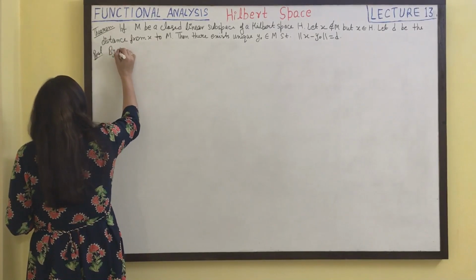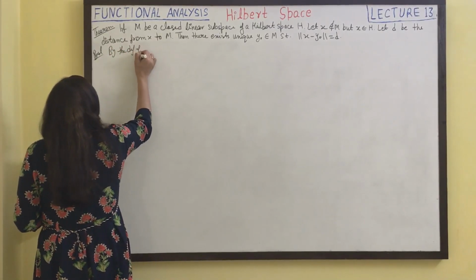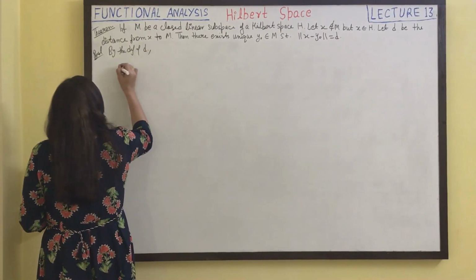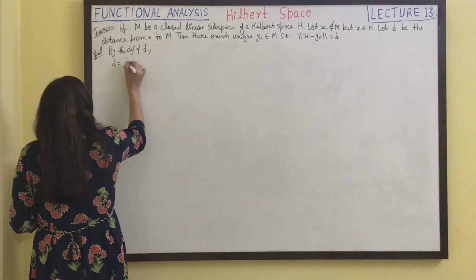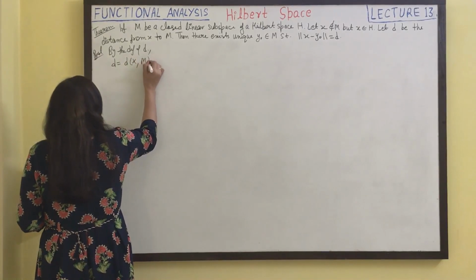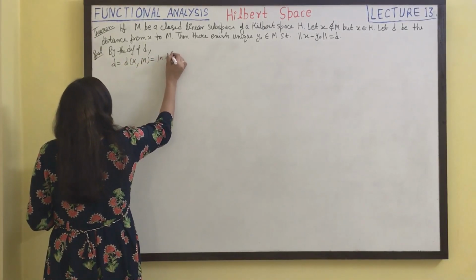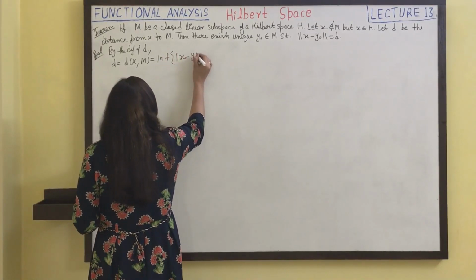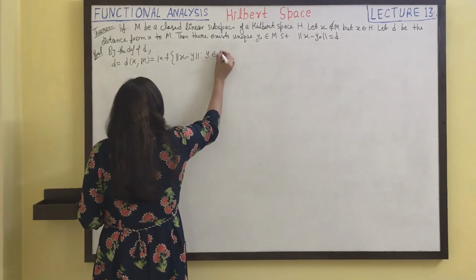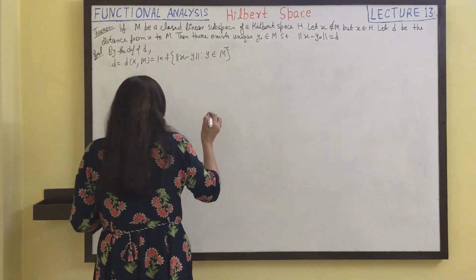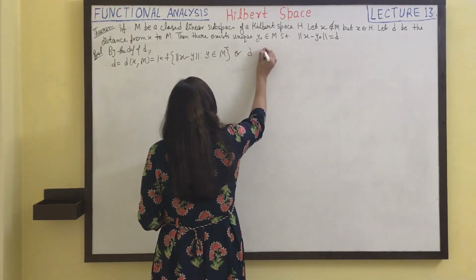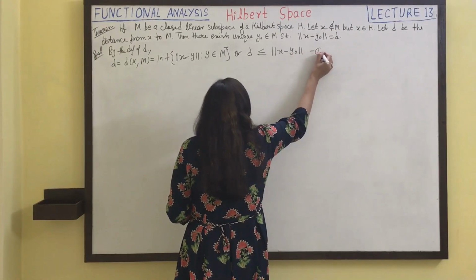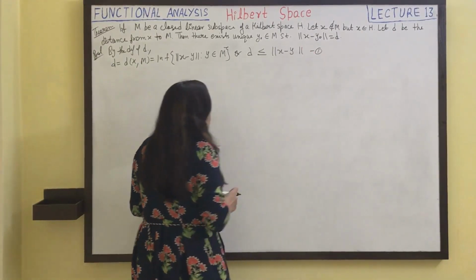By the definition of d, d is the distance from x to M, the infimum of norm of x minus y such that y belongs to M, or we can say d is less than or equal to norm of x minus y.